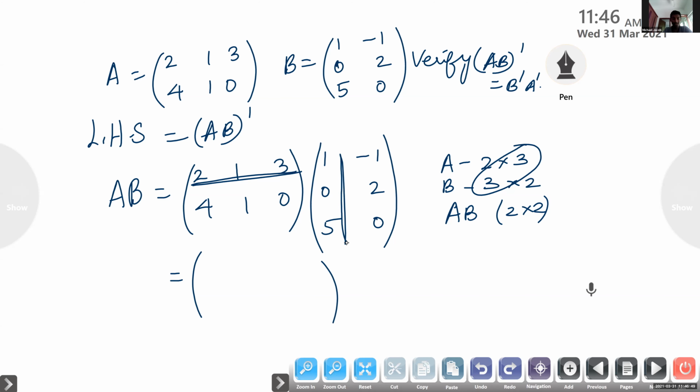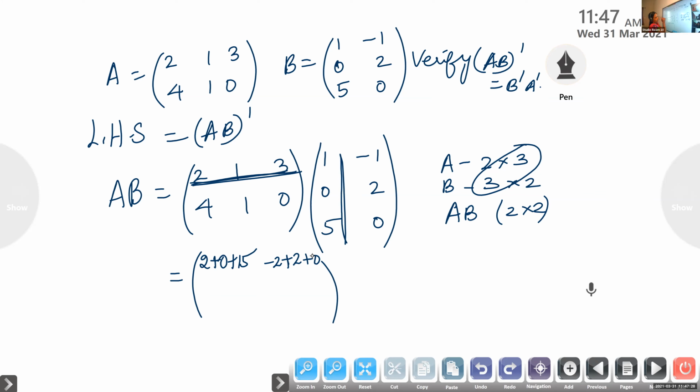2 into 1, plus 1 into 0. What is 1 into 0? 0. Then plus 1 into 15, plus 15. So that is the first row with the first column. Now take the first row with the second column. Minus 2, plus 2, plus 0.